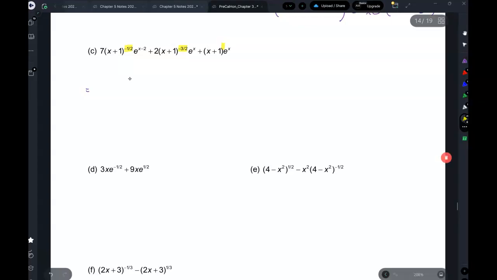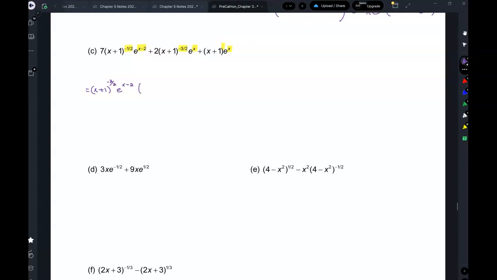So I'm going to factor out x plus 1 to the negative 3 over 2. Then I have some e's. Again, we're going to assume x is a positive integer. I have e to the x minus 2, e to the x, e to the x. Between these three, e to the x minus 2 will have the smaller value. So I'm going to factor out e to the x minus 2.